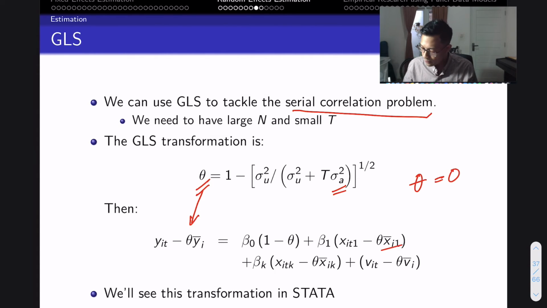What happens if theta is equal to 1? Then the estimating equation is actually a fixed effects estimation. Now, in the limit, if we have a very long data set and theta hat is close to 1, then the random effects and the fixed effects estimates are similar.